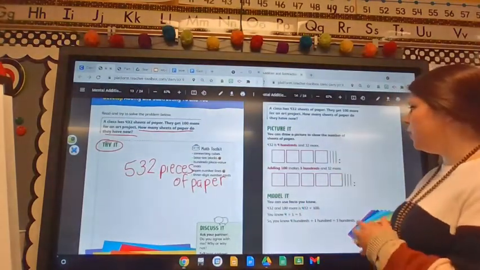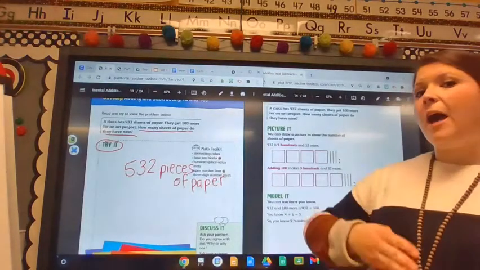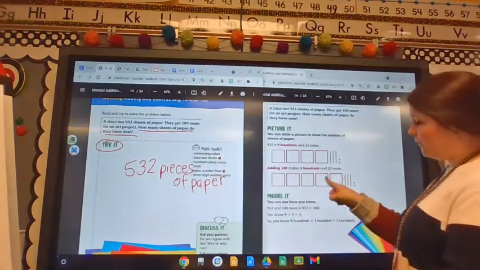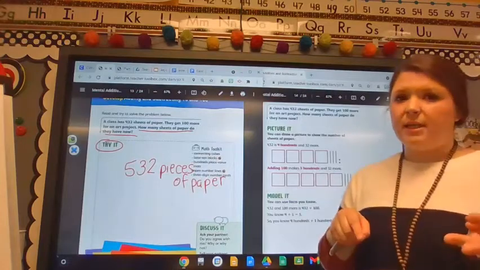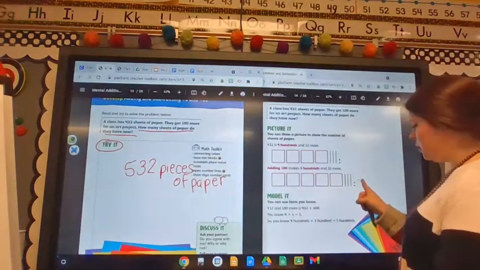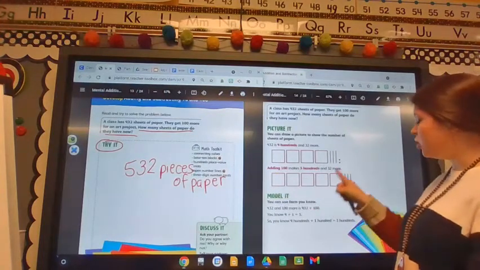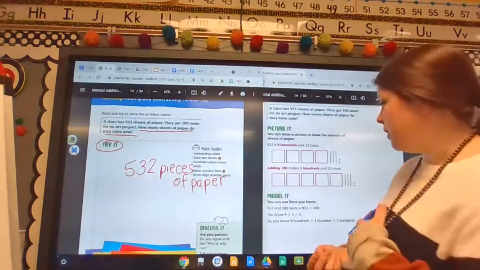And then there are 2 ones. Now, if we add 100 to 400, that makes it 5 hundreds. We didn't add any 10s, so there's still 3 10s. We didn't add any 1s, so there are still 2 1s. So this picture shows 5 hundreds, 3 10s, and 2 1s, which is 532.